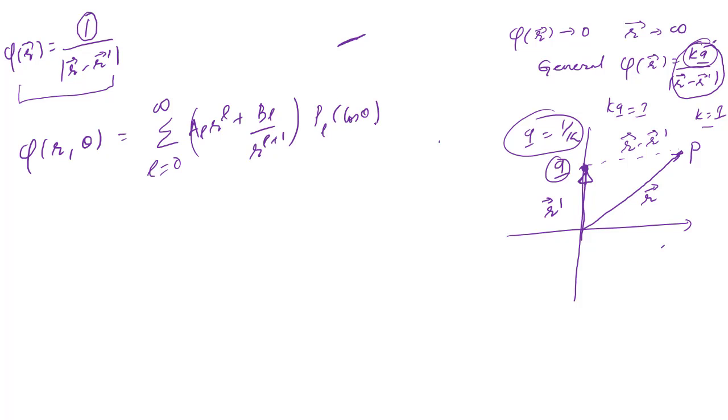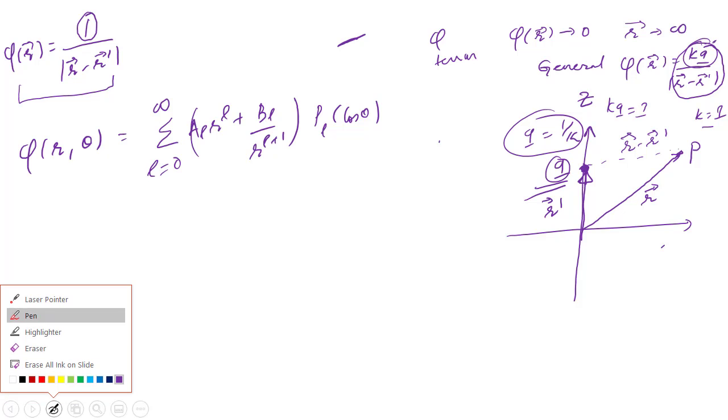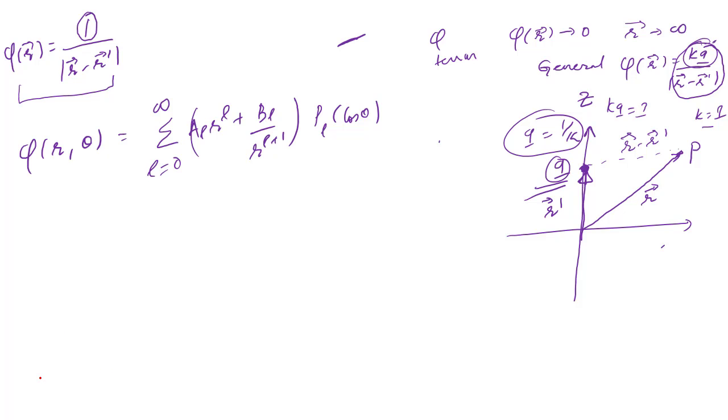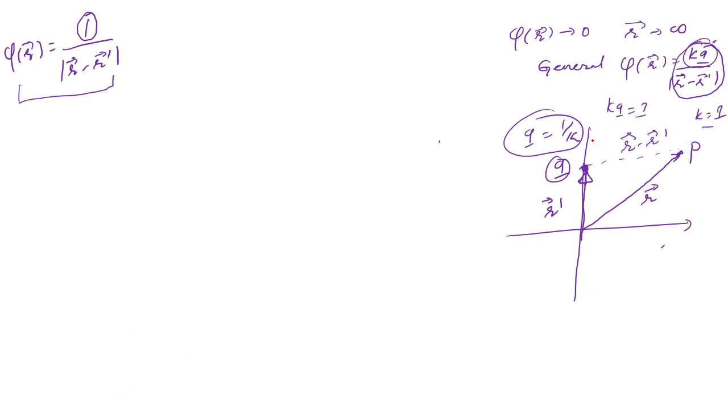Here we are not writing the phi term in this expression because we are supposing that this unit charge is located along the z-axis. So we are aligning our z-axis with the charge.